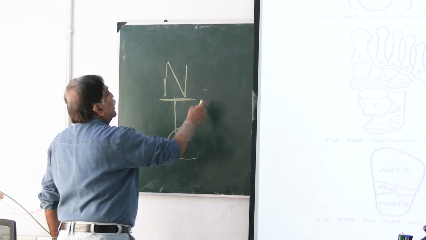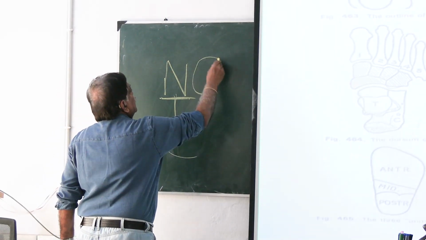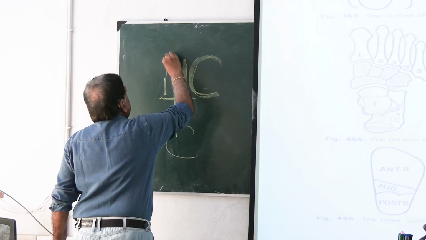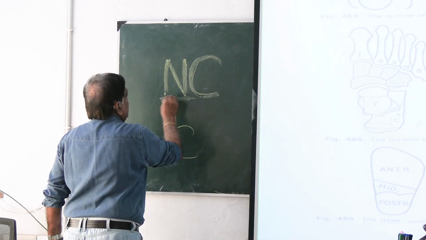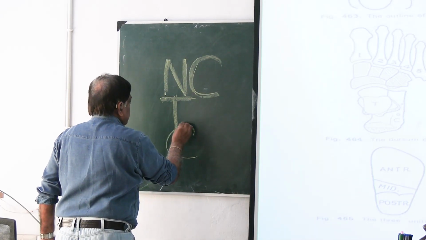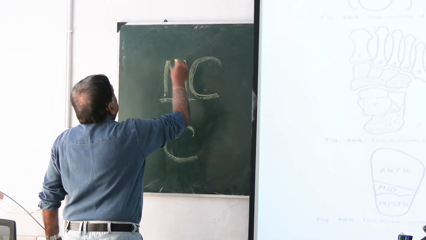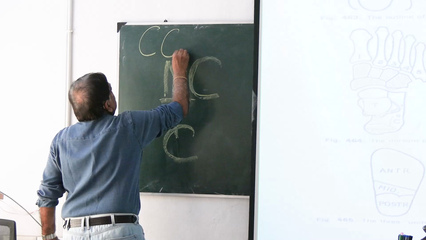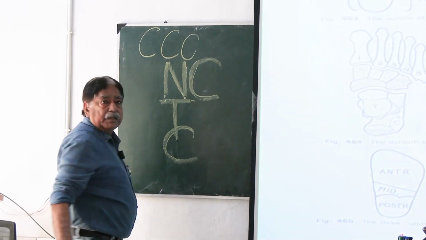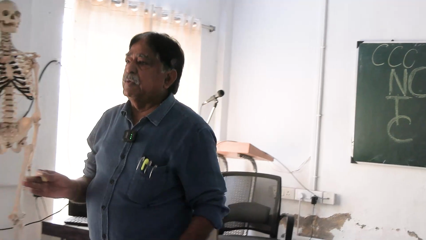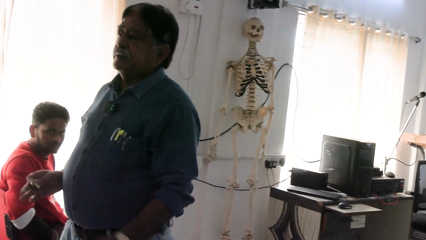Now, you draw a big C, big C, big C. This is N, this is T. You copy it. Okay, and this is the C, C, C, right to left or left to right.